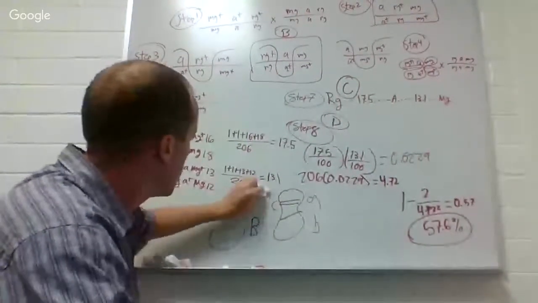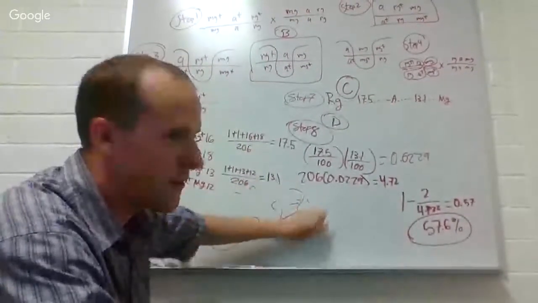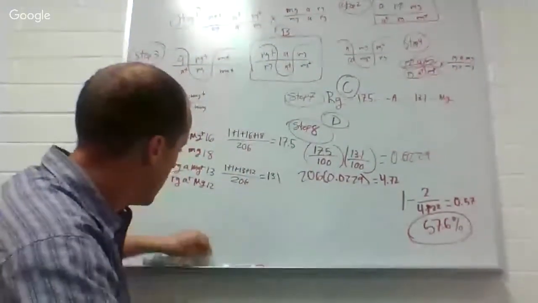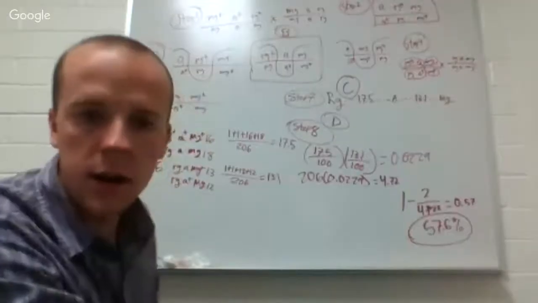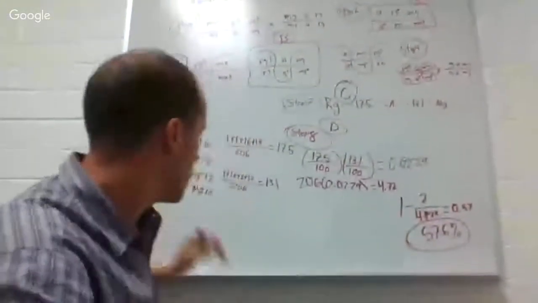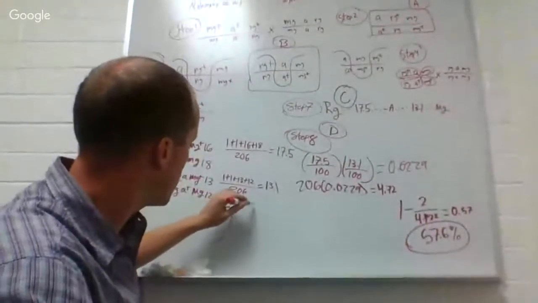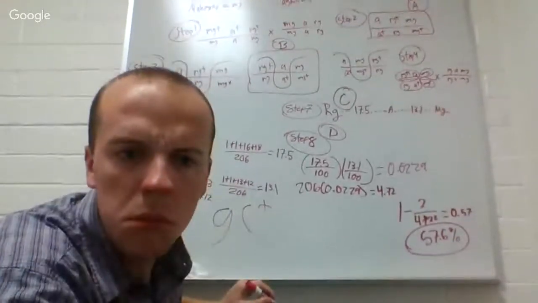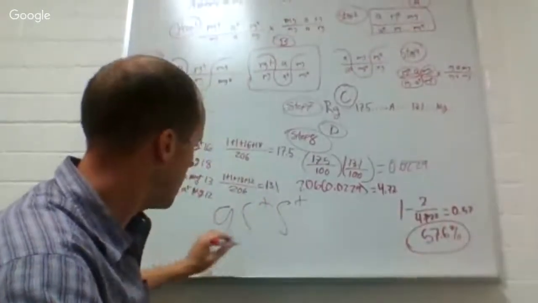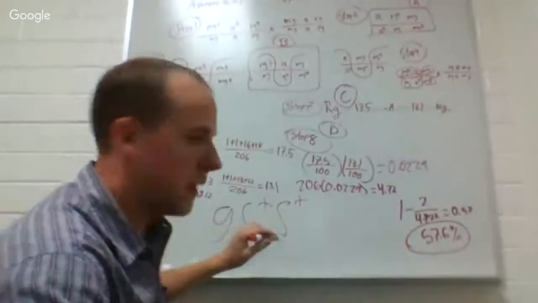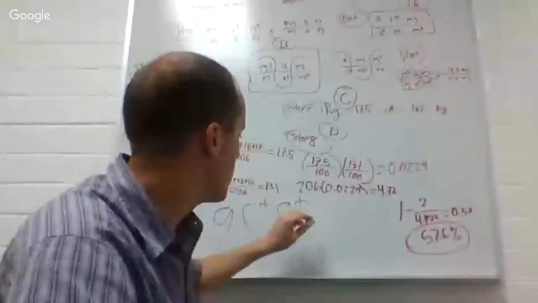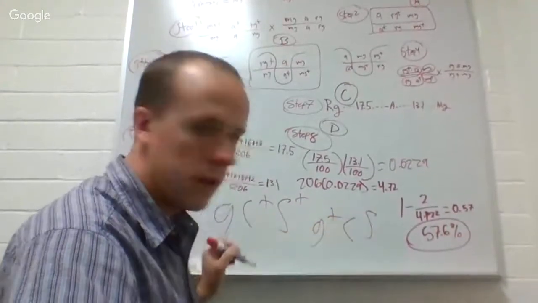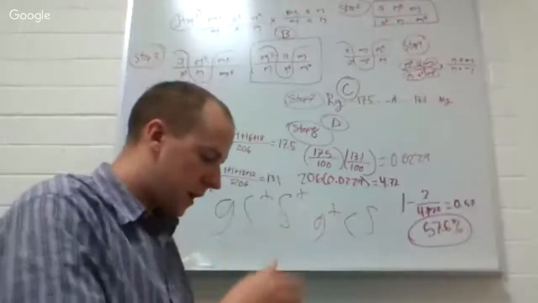I'm just going to erase what I drew, okay? So the 2 that are least common are going to be G, C plus, and S plus, and the G plus, C, and S. Those are our 2 least common.